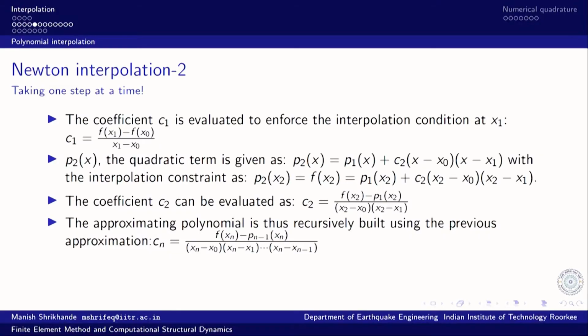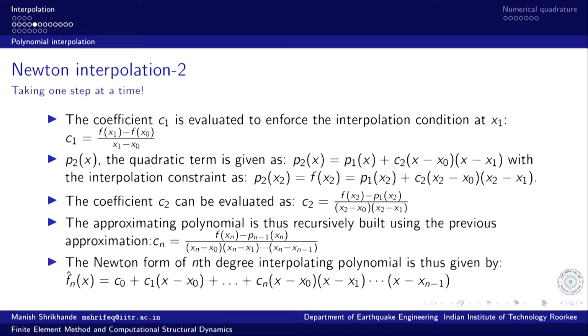So, the coefficient of the nth degree term would be evaluated as f of x n minus the value of the previous degree interpolation polynomial evaluated at x n, divided by the normalizing factor. The Newton form of the nth degree interpolation polynomial is given by progressively increasing the degree of the polynomial term in the series.